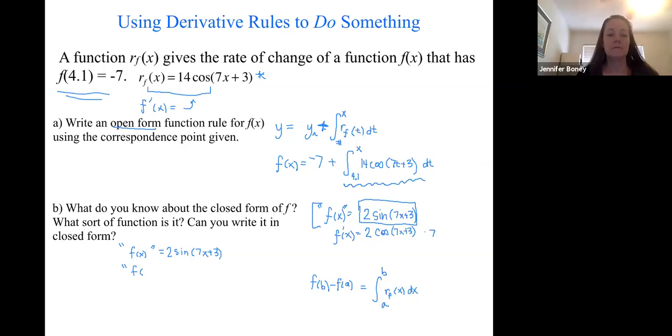It would be 2 sine of 7 times 4.1 plus 3. I'll write that so it doesn't look like a decimal: 7 times 4.1 plus 3. All right, so these two expressions subtracted, top one minus the bottom one, are equivalent to this, according to what we had.